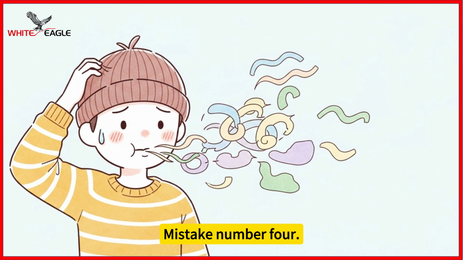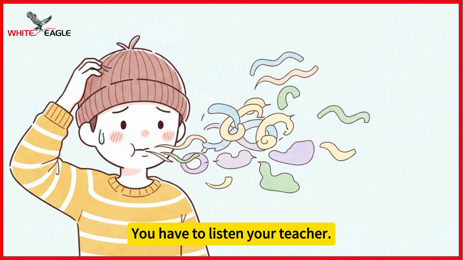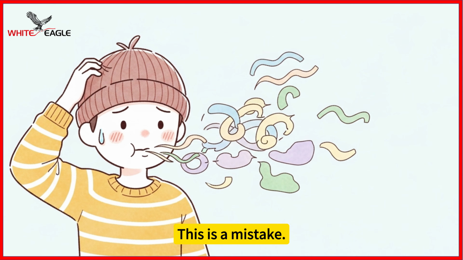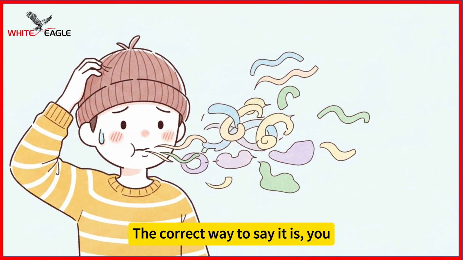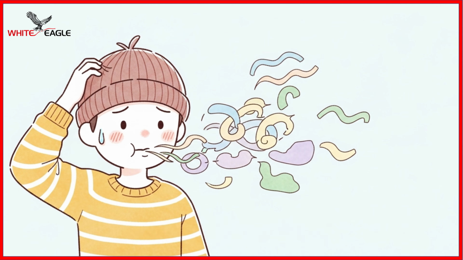Mistake number 4. Let's look at this common sentence. You have to listen your teacher. This is a mistake. It is wrong. The correct way to say it is, you have to listen to your teacher.